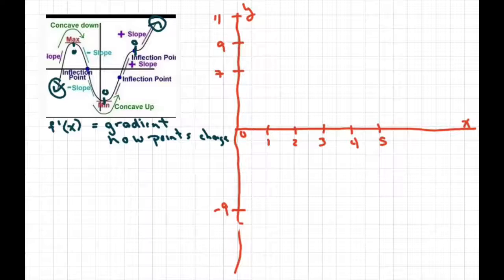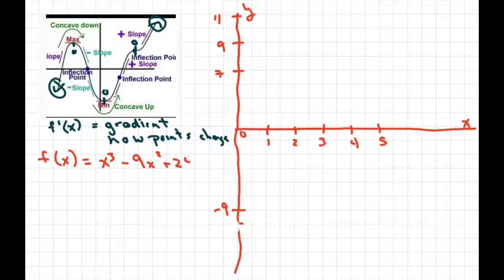So let's write down the equation again. We have f of x equals x cubed minus 9x squared plus 24x minus 9. So our y-intercept is just going to be, there should have been an x here, 24x minus 9.